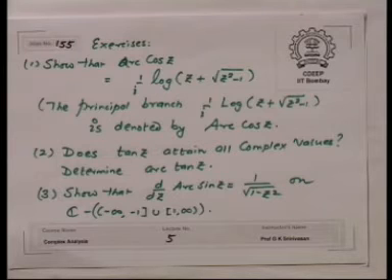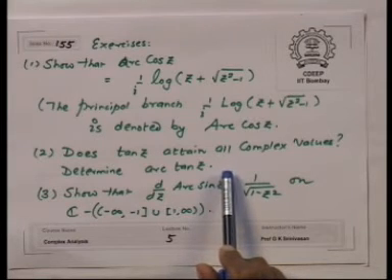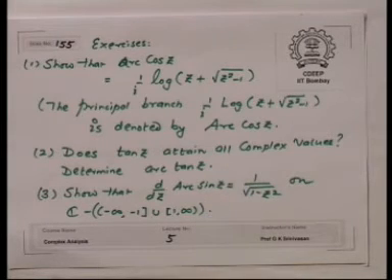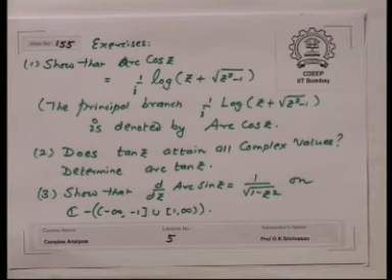Does tan z attain all complex values? Determine arc tan z. This is an important question, by the way. Tan z does not attain all complex values, it misses two values. I leave it to you to decide which values they are.